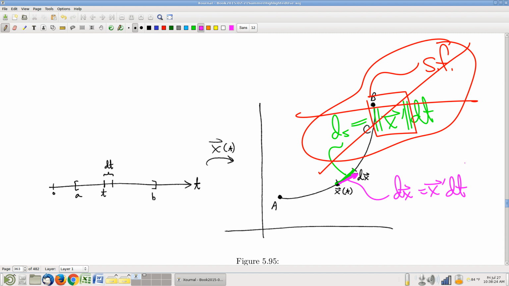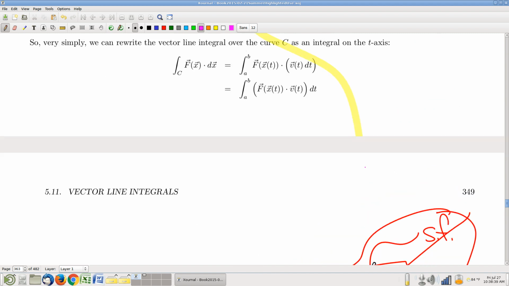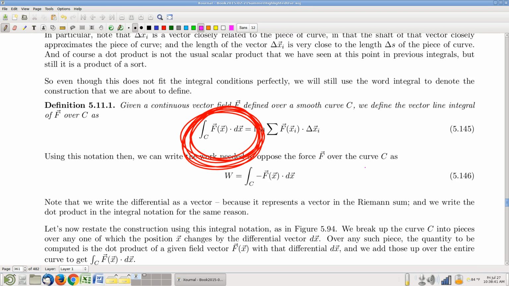Dx is x prime dt. Not only have we already computed it, it was our first step in more stuff that we've already done that we no longer need. Dx is x prime dt. Done. Going back here, this is the thing that I need, that dx. And I already had it.